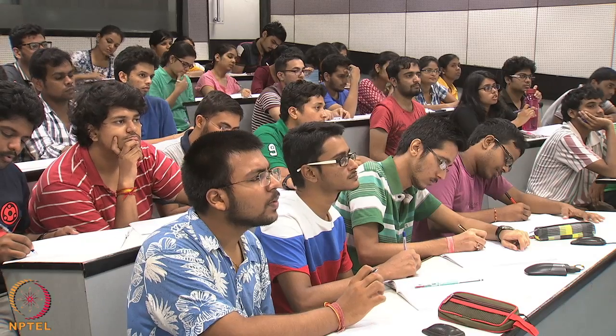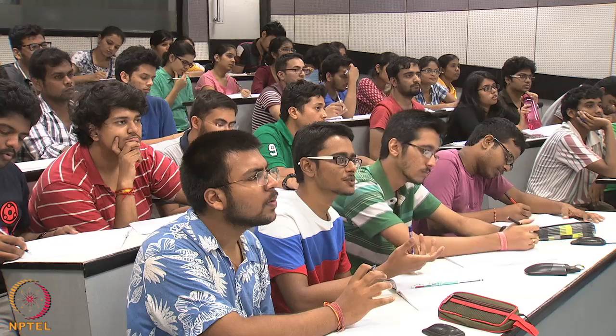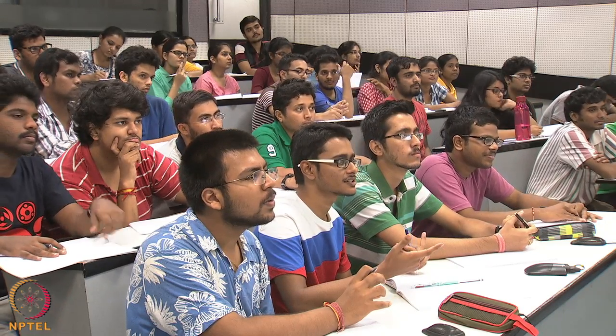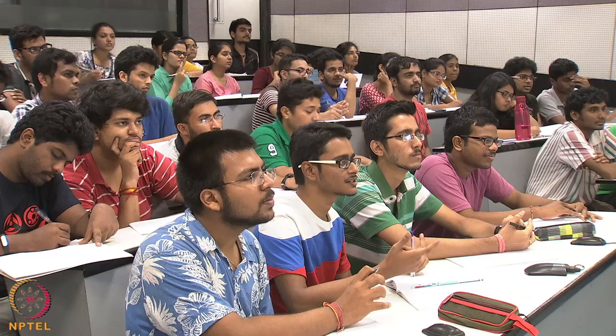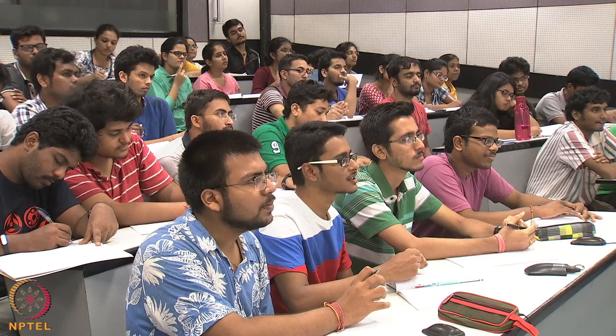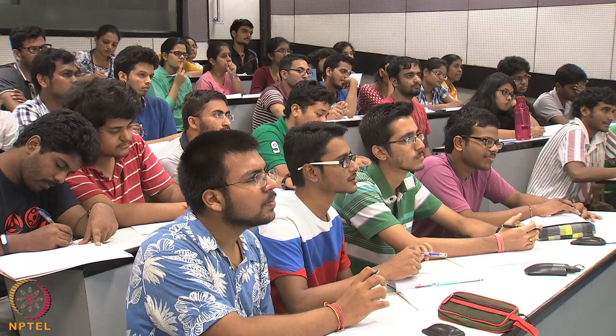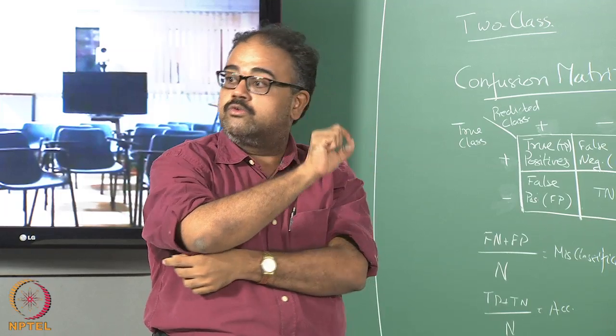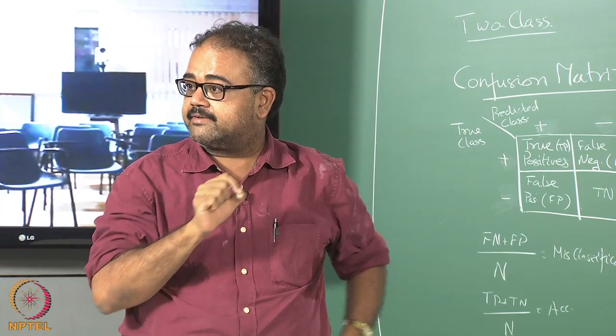What does it mean? Inverse of the precision. What is the semantics of this? If I have a high specificity, it means that if I say something is negative, then it is really negative.